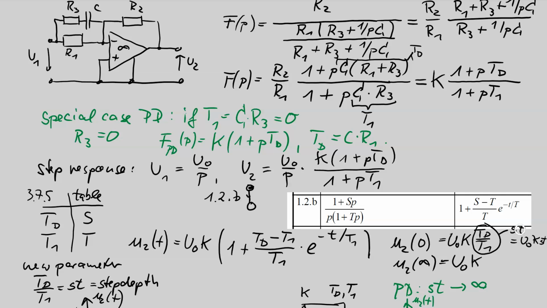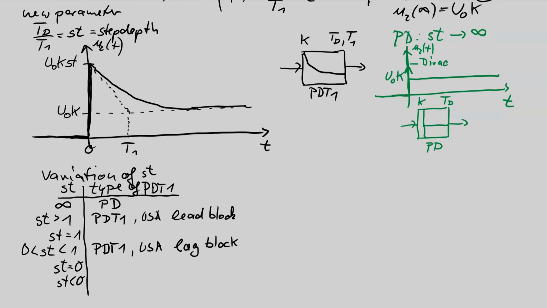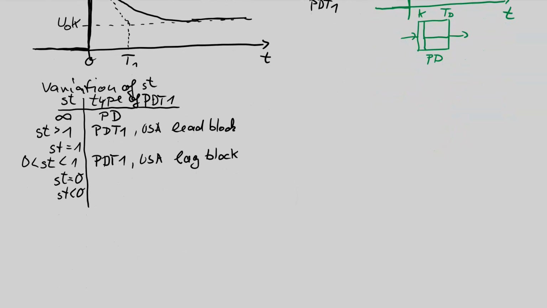If step depth is 1, it's not possible with this circuit, but it is possible in other circuits. If the numerator time constant is equal to the denominator time constant, then this expression and this expression are the same. We can extract it, and we have just a constant factor here. So the special case step depth 1 is just a simple P block.